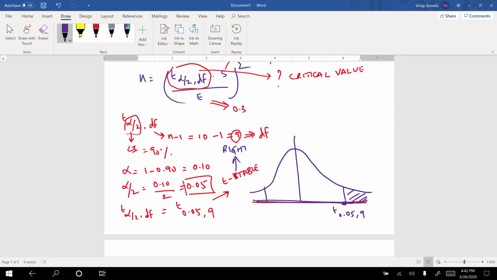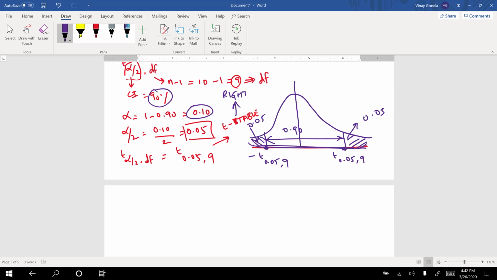I wanted both sides, so this point is negative T 0.05, 9. This probability would be 0.05, this probability would be 0.05, both together would be 0.10, and in between would be 0.90. That is our confidence interval, 0.90. So this is T 0.05 comma 9.